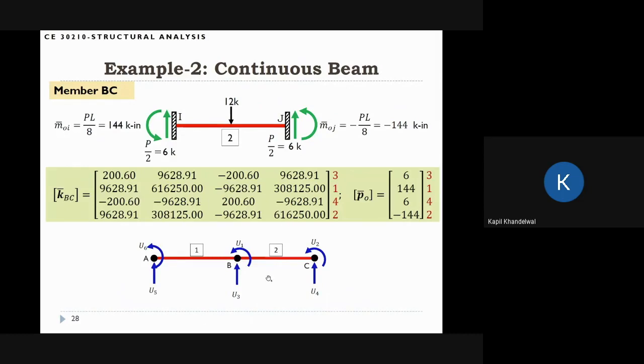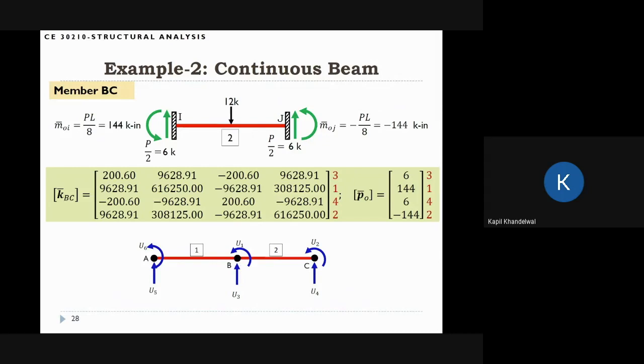The ordering in this case, for a beam element: this is the node I, this is the node J, for member BC. This is Vi, theta i, Vj, theta j. So it should be 3, 1, 4, 2. So the ordering is 3, 1, 4, 2: Vi, theta i, Vj, theta j. The I degree of freedom is always on the left side, and the J degree of freedom is always on the right side.